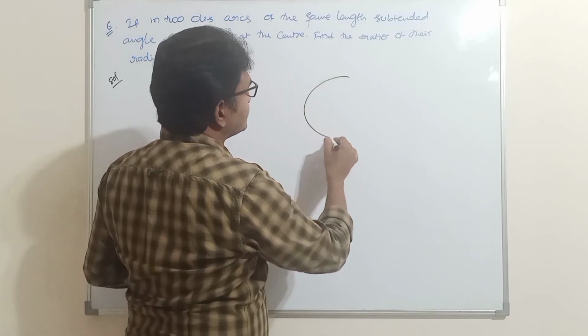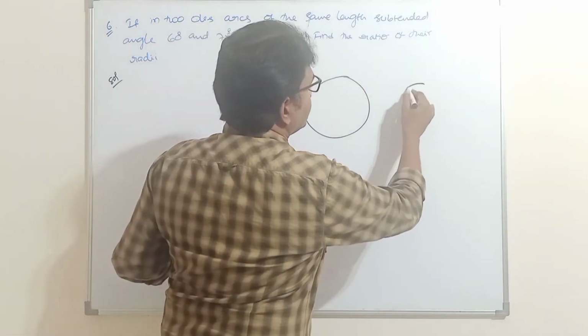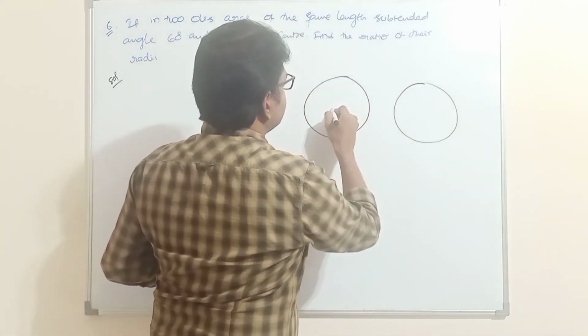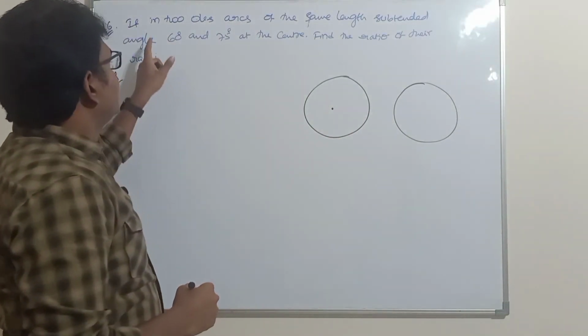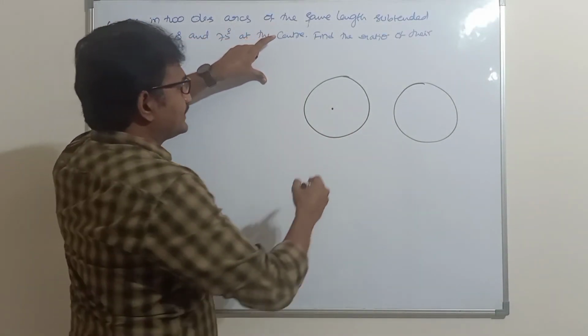So there are two circles, circle 1 and circle 2. In the two circles the arcs are of the same length.